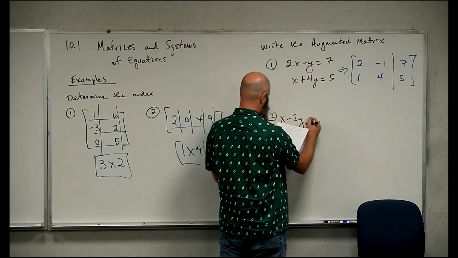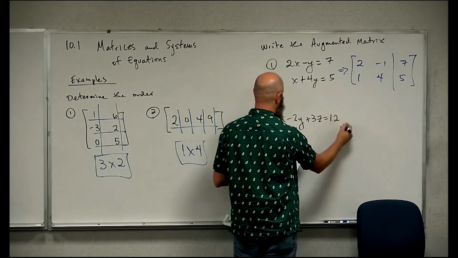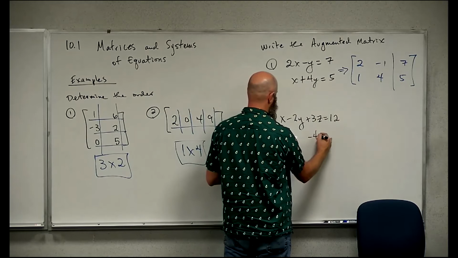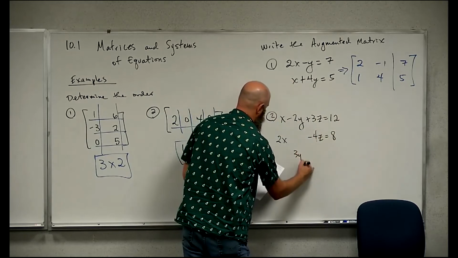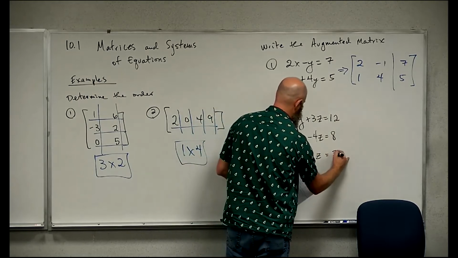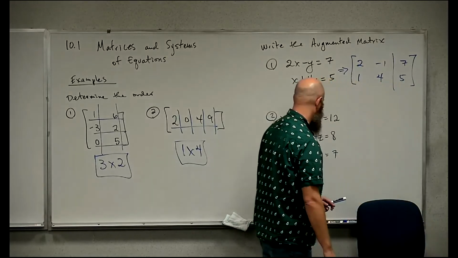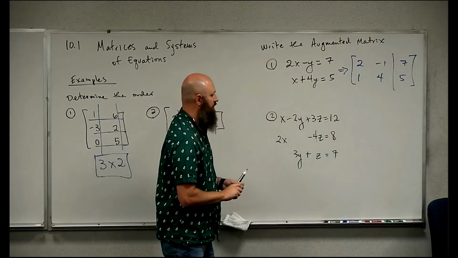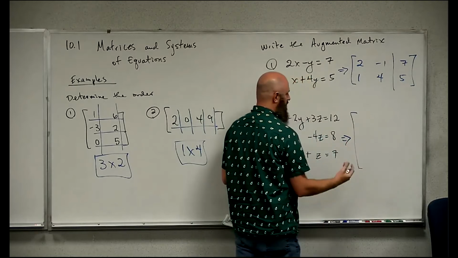x minus 2y plus 3z equals 12. 2x minus 4z equals 8. And then 3y plus z equals 7. So we can still even do bigger matrices here. Let me move my chair out of the way. So to get our augmented matrix there, it's going to be just a little bit bigger.